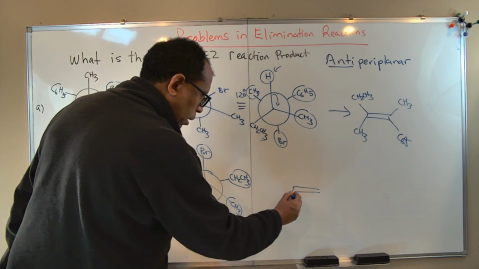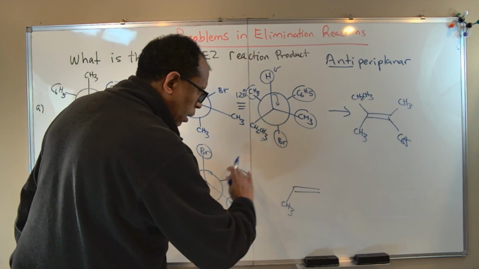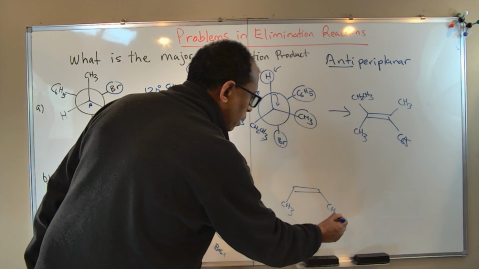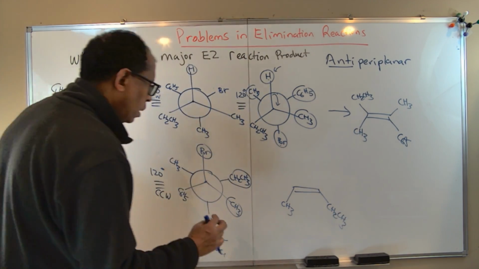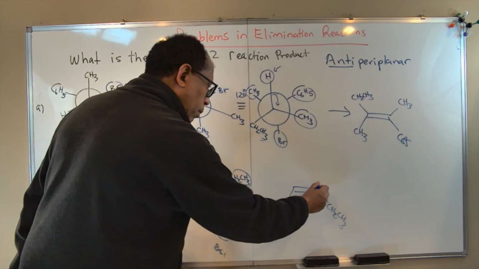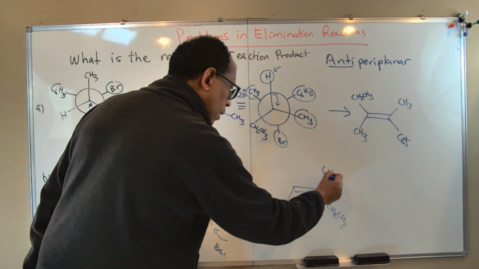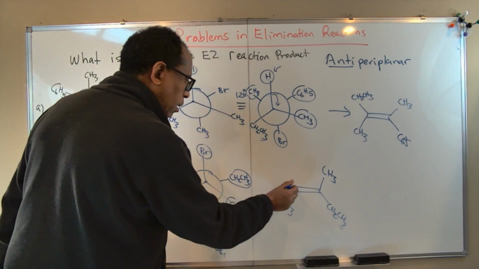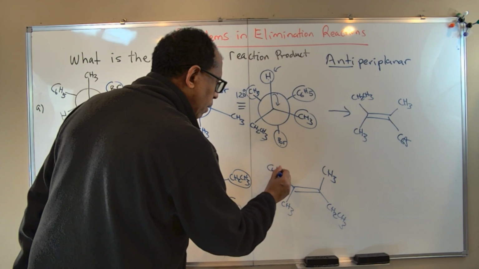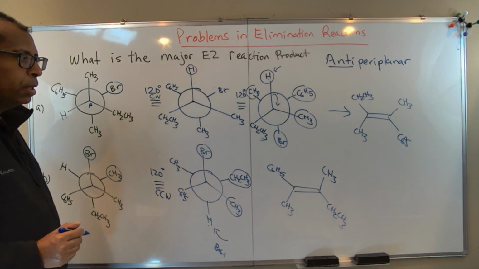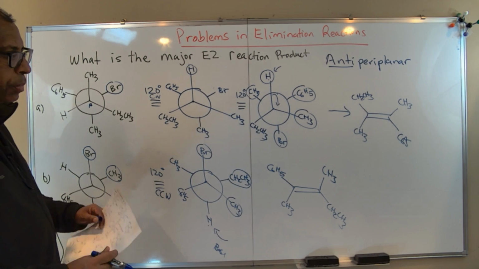That means CH3 would be here, CH2, CH3 would be here. That means CH3 would be here, and the C6H5 phenyl group would be here. So that's what we get.